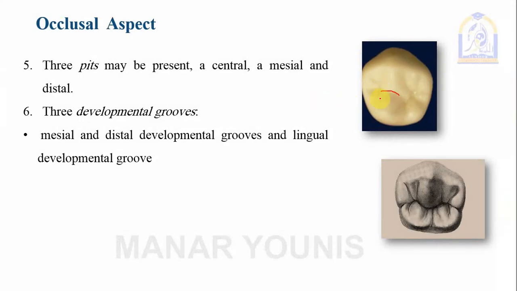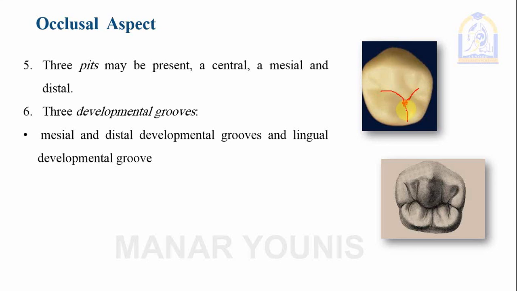The free cusp type shows three developmental grooves: the mesial developmental groove, the distal developmental groove, and the lingual developmental groove. They all meet and merge in the central pit. The mesial developmental groove travels in a mesial direction, while the distal developmental groove goes in a distal direction.